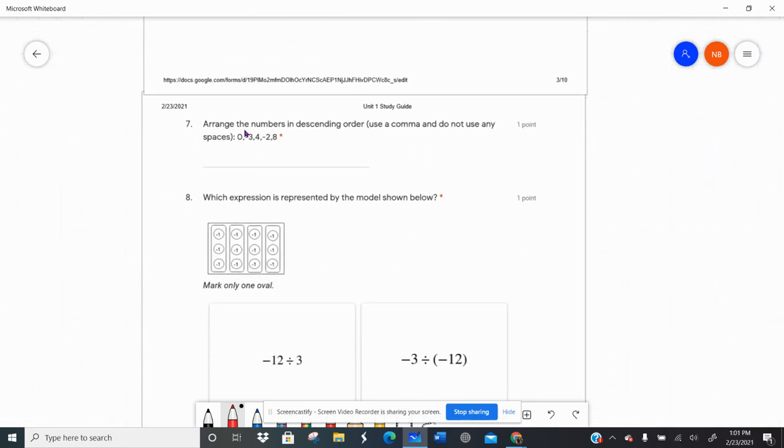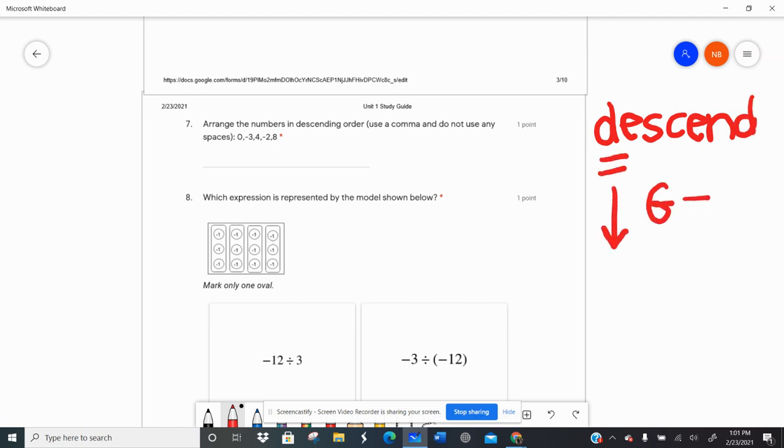This one says, arrange the numbers in descending order. Descend means to go down. So you're going from greatest to least. If I have the numbers 0, -3, 4, -2, and 8, I want to start with the biggest number.